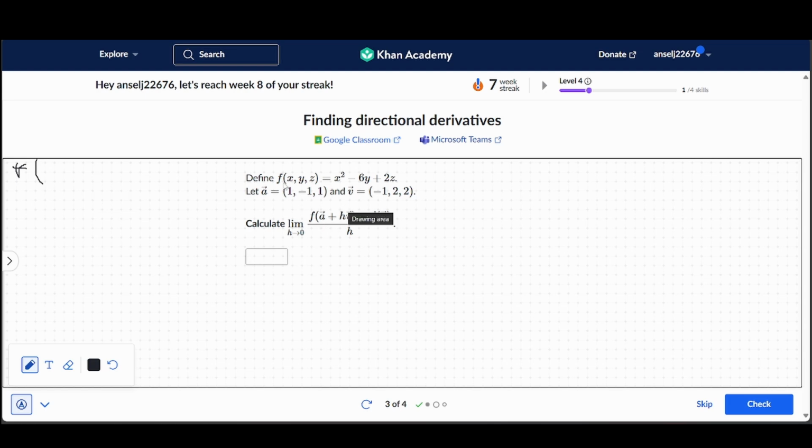Now what is A? It's 1 plus 1 minus H, comma, -1 plus 2H, and then comma, oh, this is gonna be interesting, comma, 1 plus 2H.